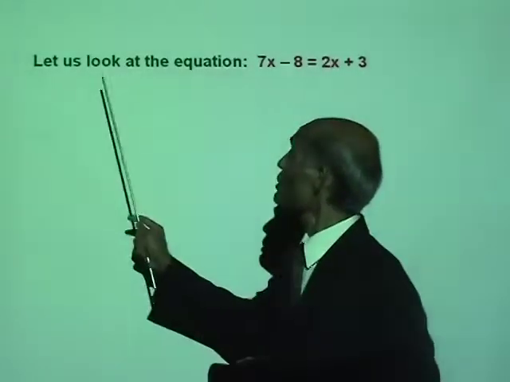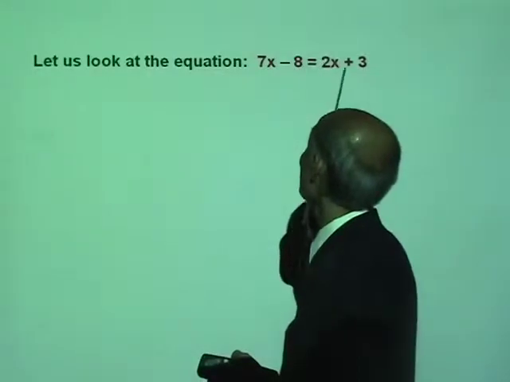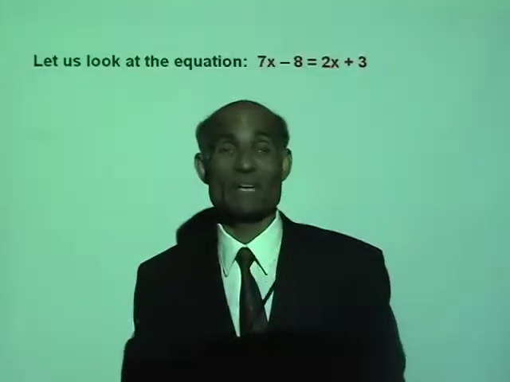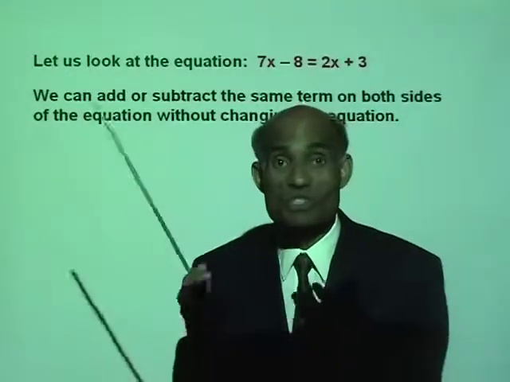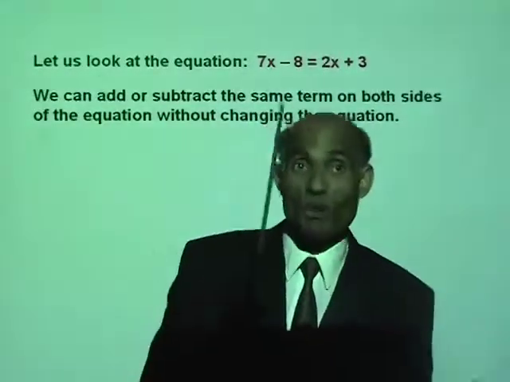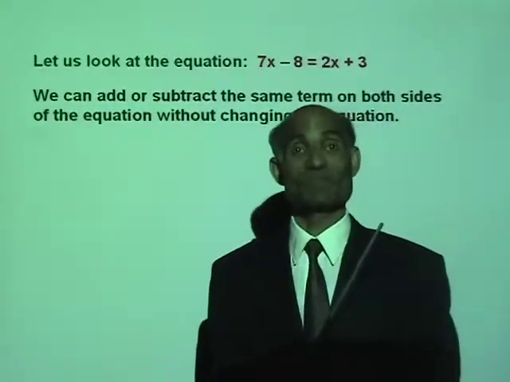Okay, let us look at the equation 7x minus 8 equal to 2x plus 3. We can add or subtract the same term on both sides of the equation without changing the equation.